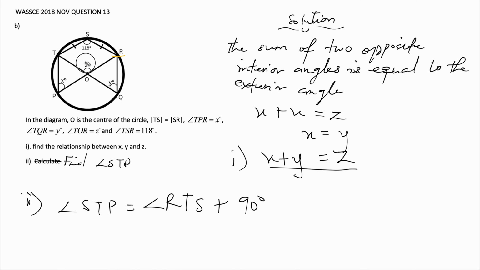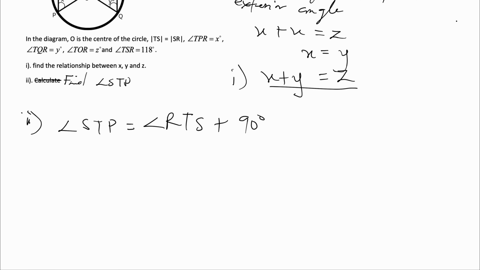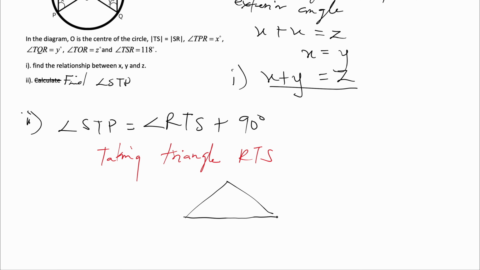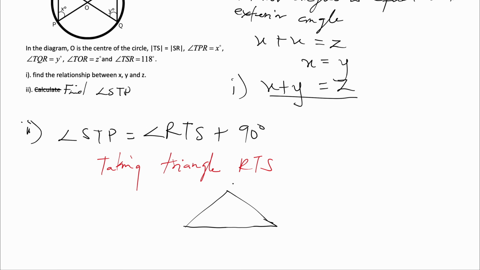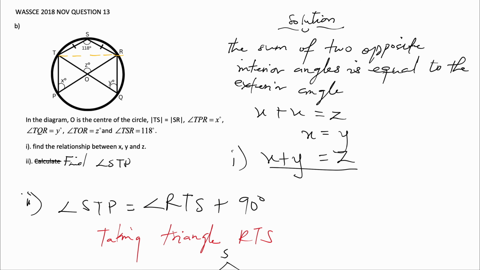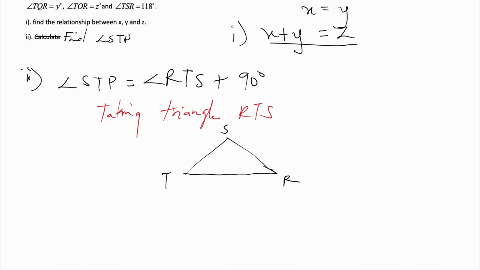So quickly, let's find angle RTS. So let's take triangle RTS. So we have our S, our T, and our R. And ST is equal to SR. So this side is equal to this side.